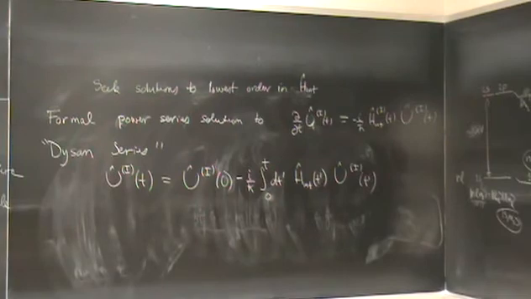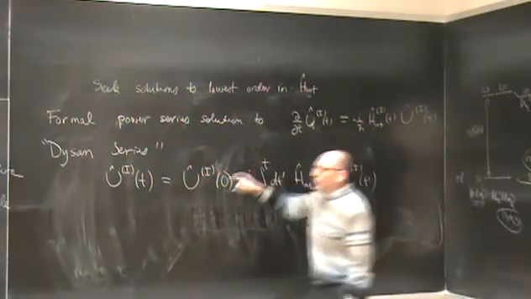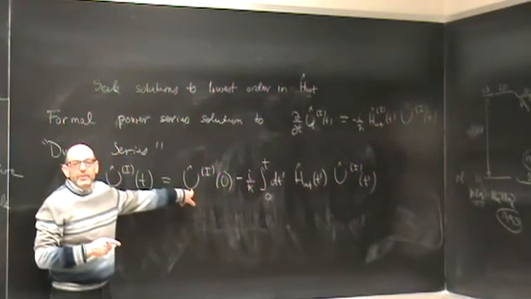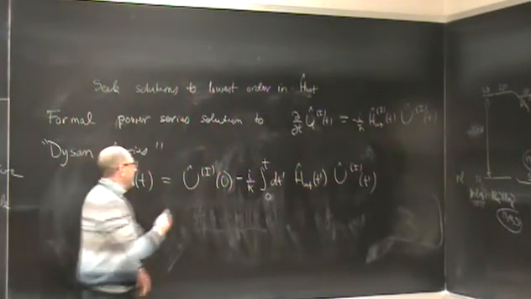Now that's not really a solution to anything, because I have u on both sides of the equation. This is just a formal integral, right? But now I can iterate. First of all, what is my time evolution operator at time equals 0? It's the identity. Okay, so that's our boundary condition.